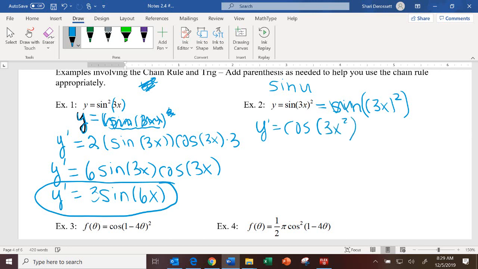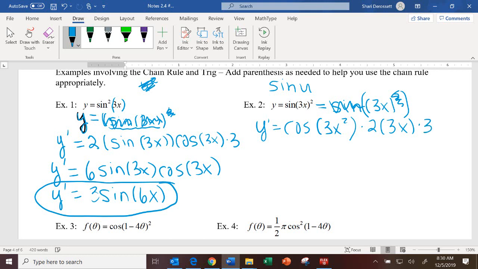So we just took the derivative of sine, working our way inside. So now we've got this part. So now we've got u squared. What's the derivative of u squared? 2u. And so we did the derivative of u squared, and then times the derivative of 3x, which is 3.